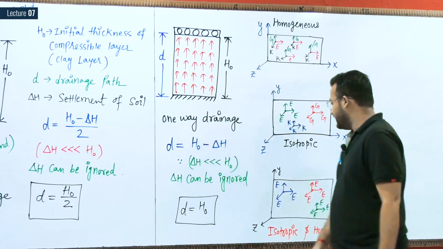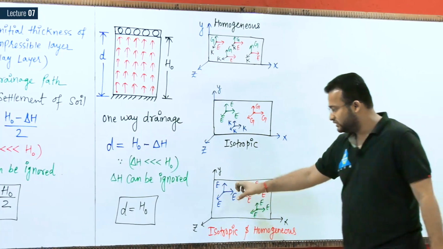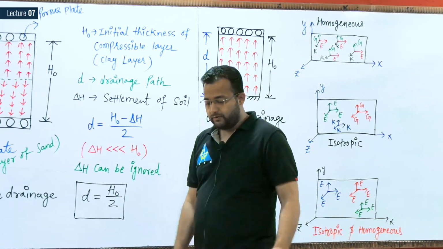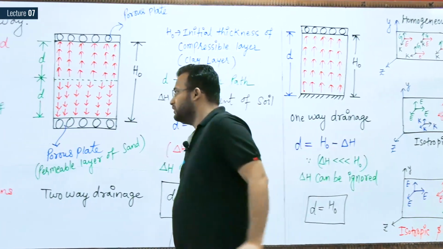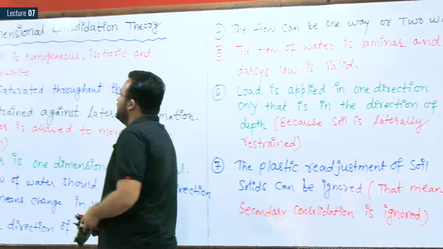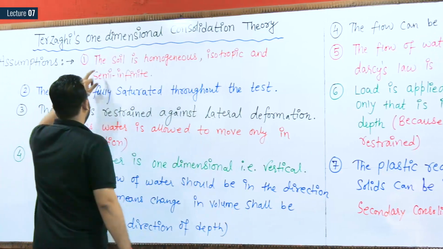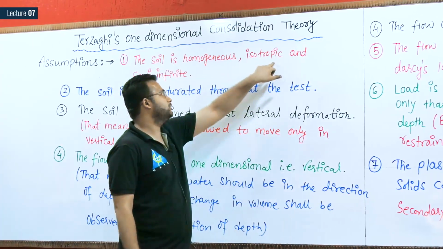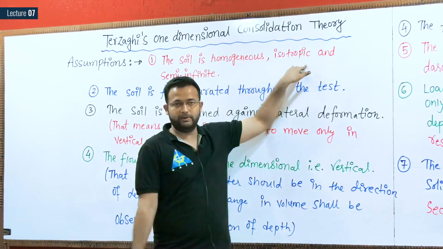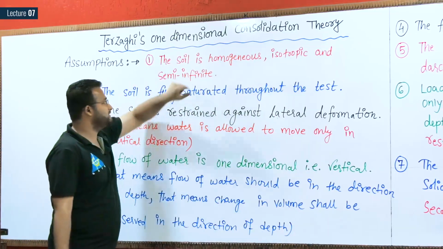So I confirm we have used this soil for the study purpose. Clear? Second thing, you see here the number of assumptions I have written. The first assumption: the soil is homogeneous, isotropic and semi-infinite. I have explained the meaning of homogeneous and isotropic. Let me explain the meaning of semi-infinite.